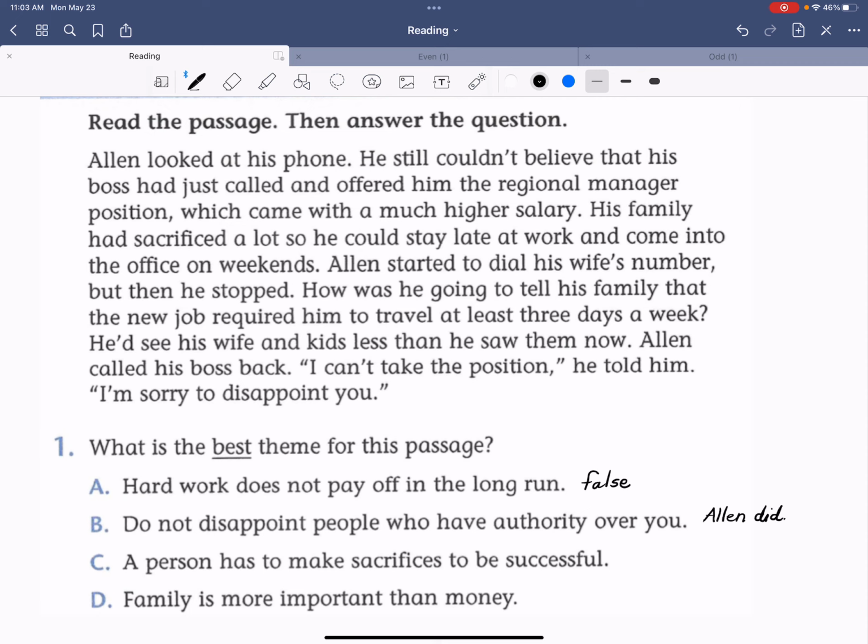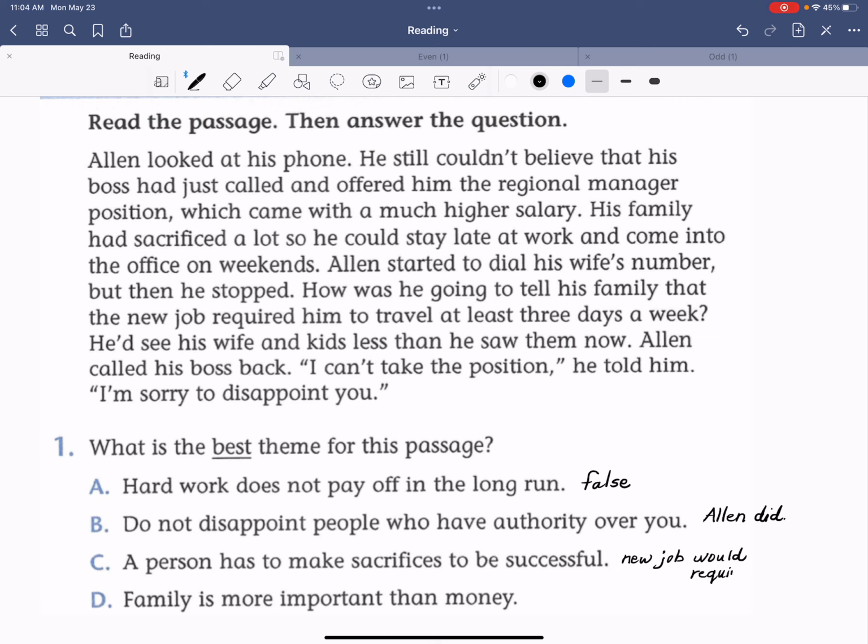A person has to make sacrifices to be successful. He did make sacrifices, but the new job would require him to make more sacrifices. And was it worth it? Would he have been successful if he had made more sacrifices?